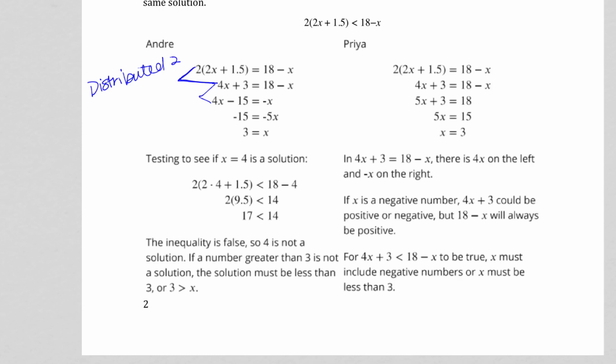No, he subtracted it. He subtracted 18. Okay, what did he do from here to here? Minus 4x. So, yes, he subtracted 4x. What did he do from here to here?